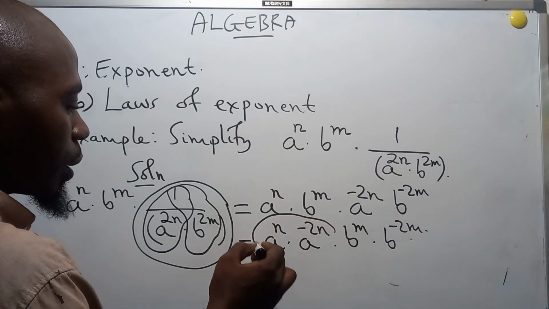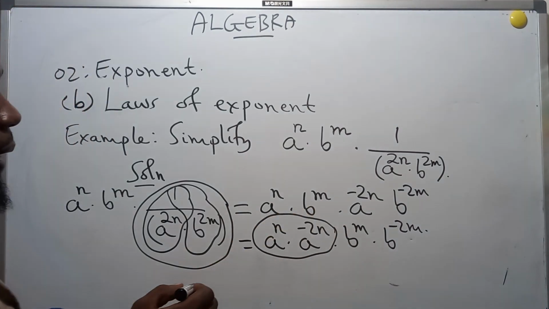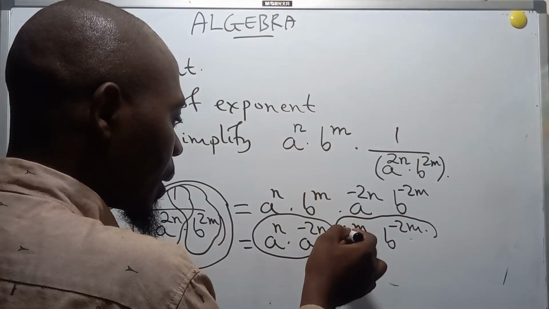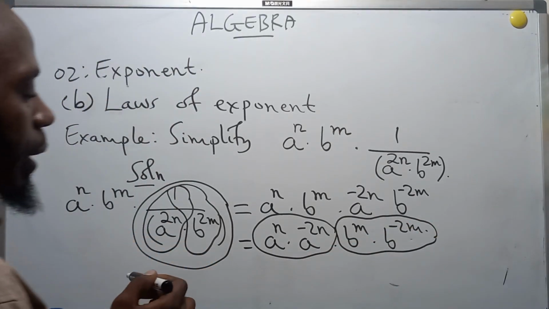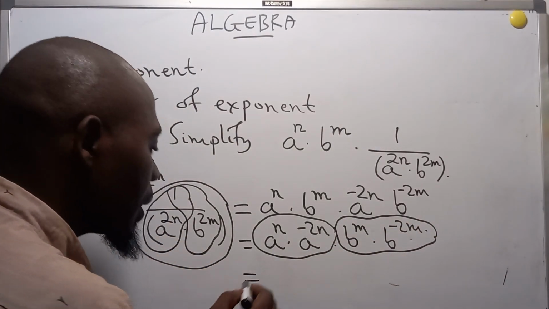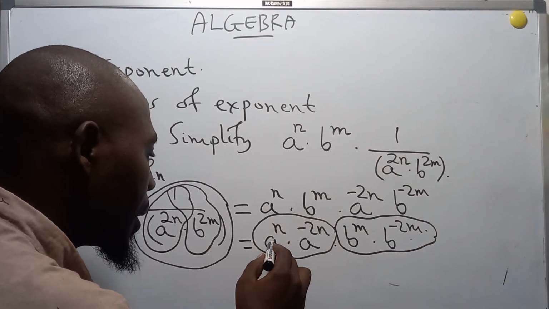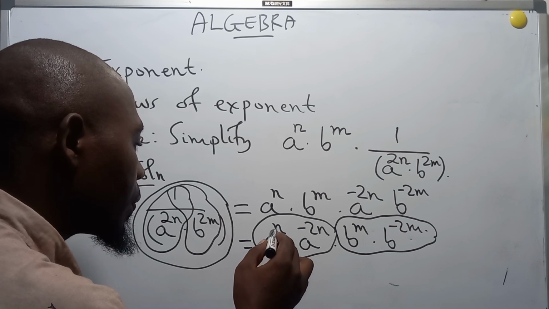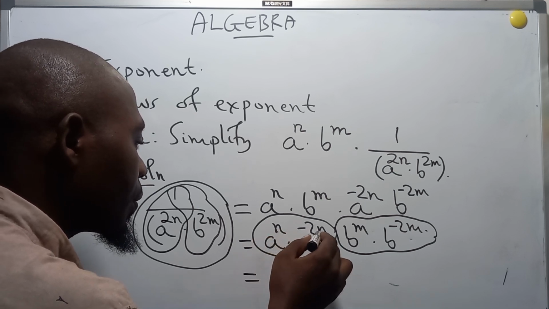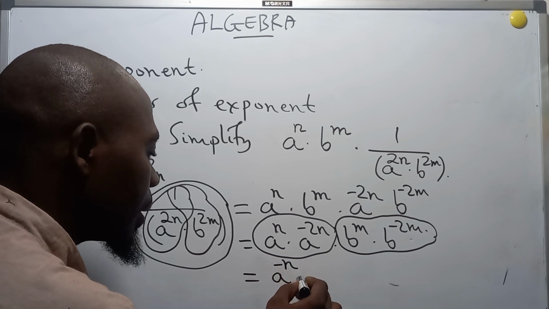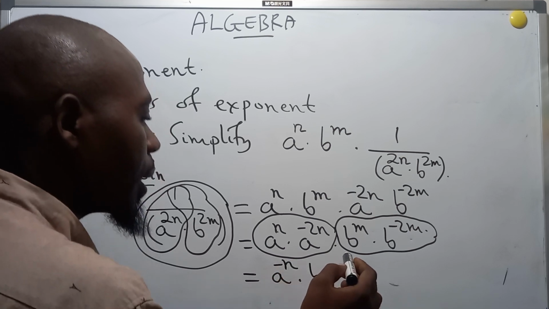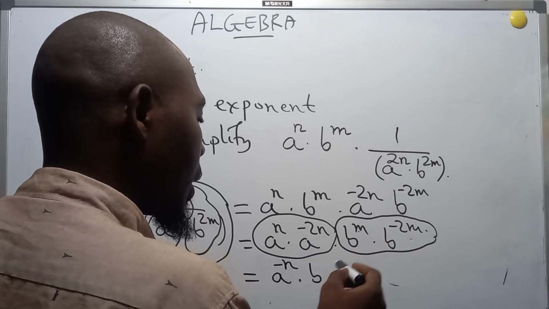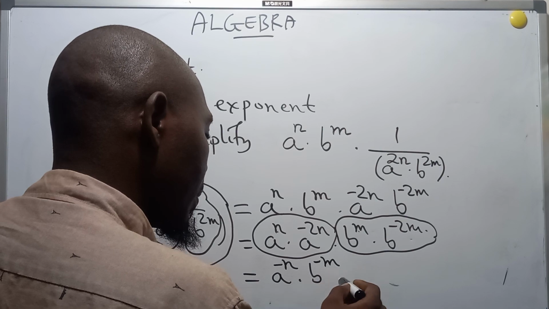When we multiply two numbers with the same base, we add exponent. This is the same as a raised to the power of n plus negative 2n, which is negative n, times b raised to the power of m plus negative 2m, which is negative m.